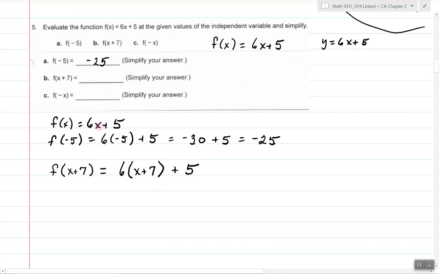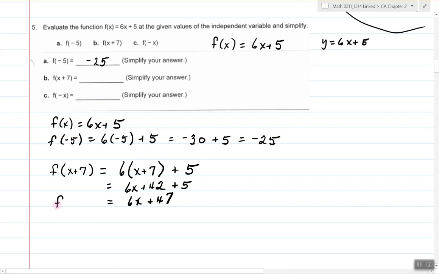Do you see that in the place of x, I have put the expression x plus 7, and I did it because the function name told me to. So to simplify this, 6 times x is 6x, 6 times 7 is 42, plus 5. Combining like terms, I have 6x plus 47.